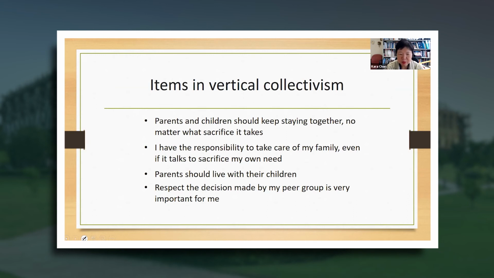The last one seems to be more, but even so it didn't show the authoritative or hierarchy aspect. And for the first three, imagine that you are a secondary school child. You probably haven't thought about living with your mom when you get married, or taking care of them when they are old. They are not in that kind of mindset. So I think vertical collectivism is not meaningful in this context.